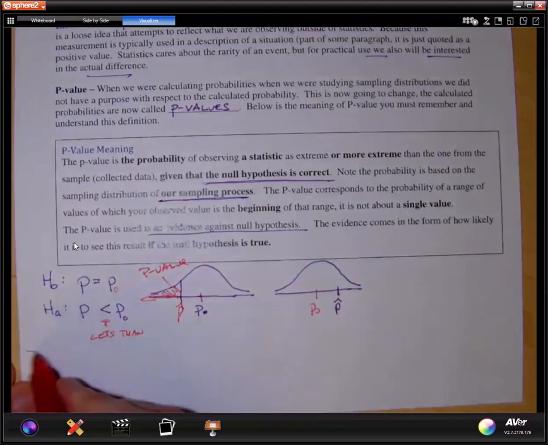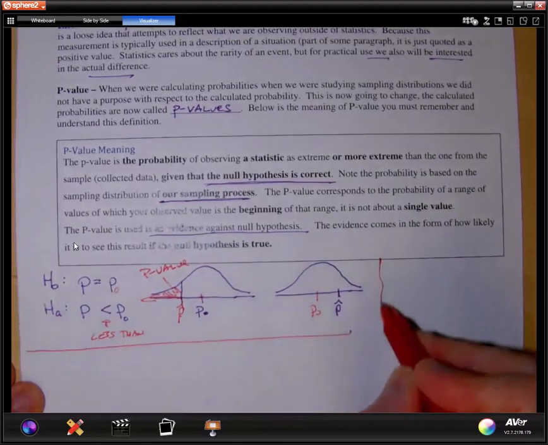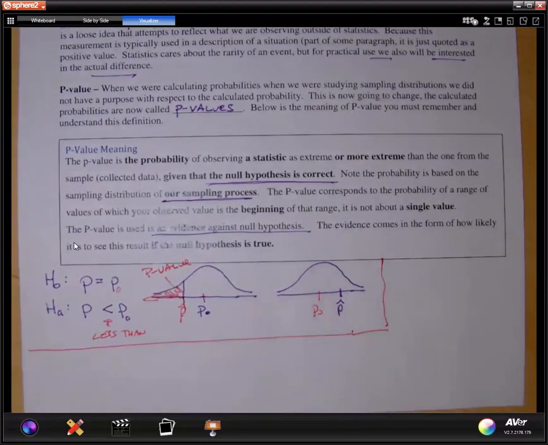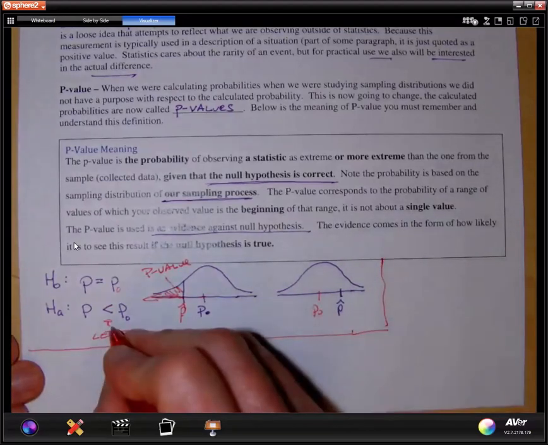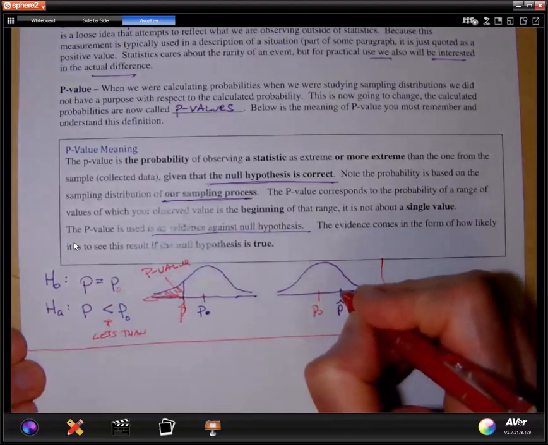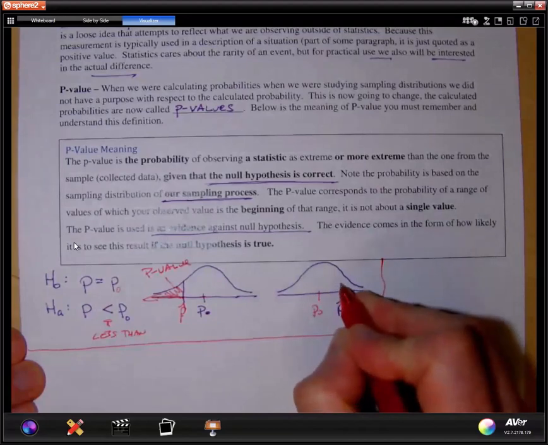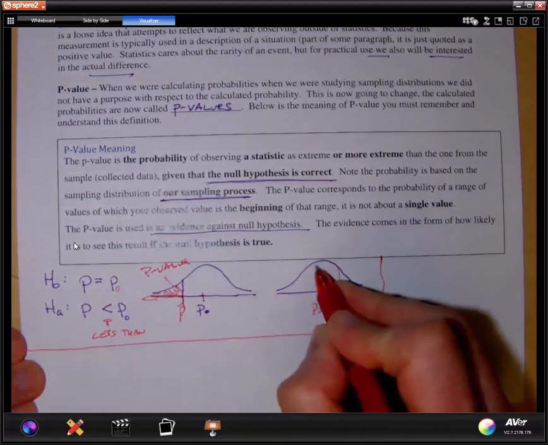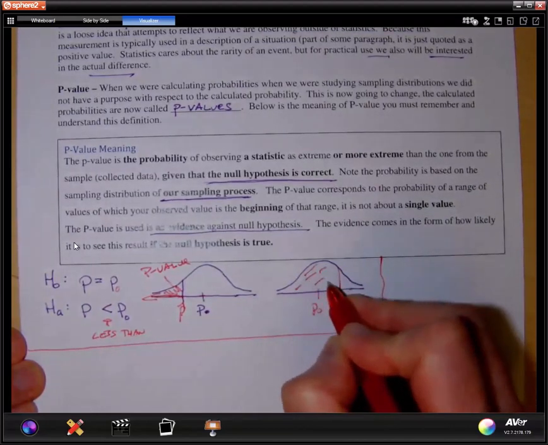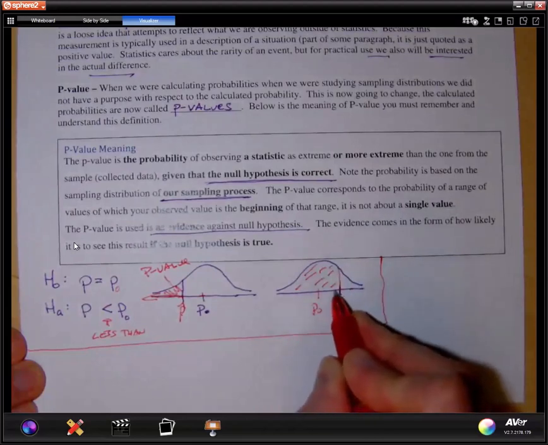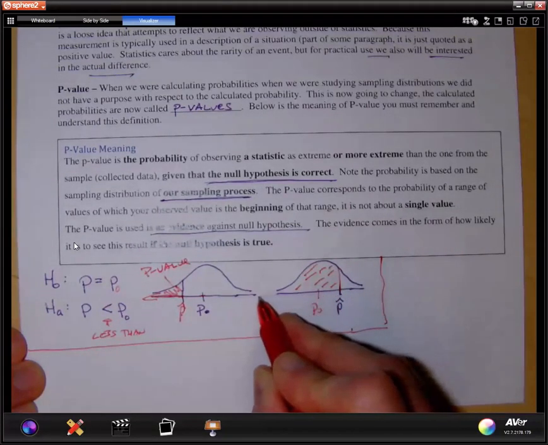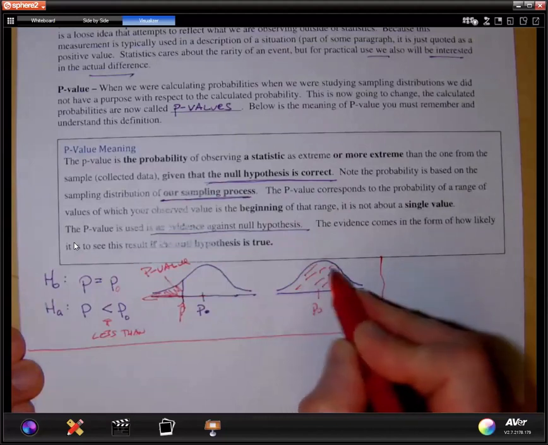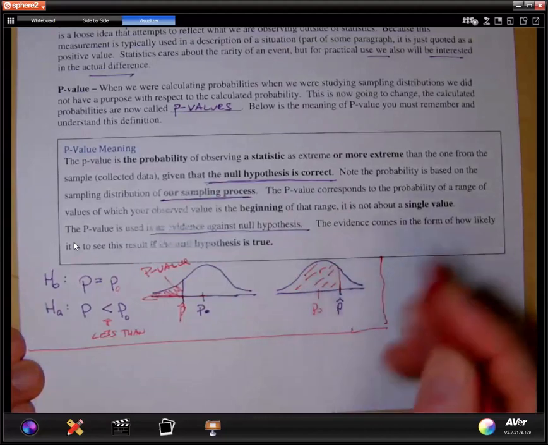So I'm still lumping these whole things together. Where is the picture of the p-value? Well, because this is less than, I have to go less than, in this direction. So the p-value is this. I have to go through the parameter and keep going to the other side. So you can see here the p-value is actually bigger than half.